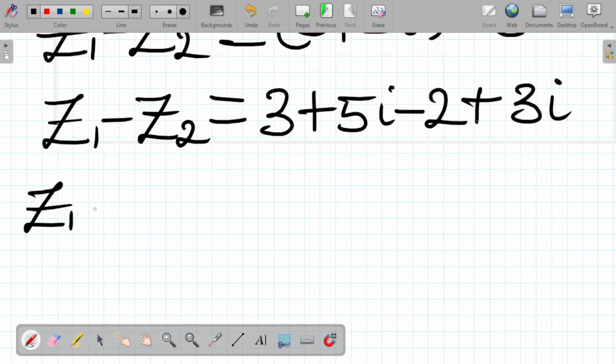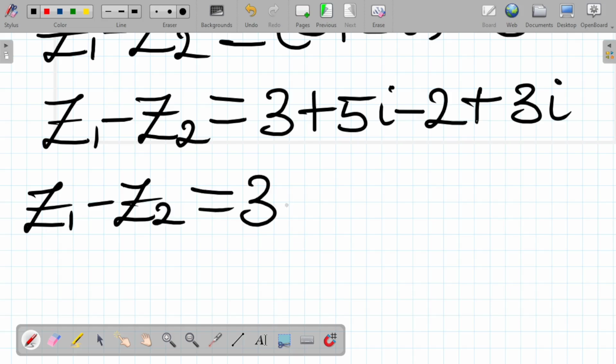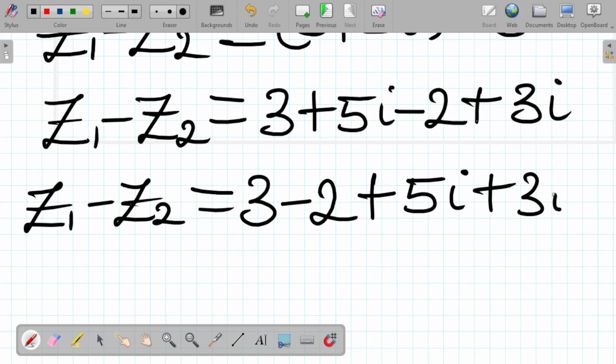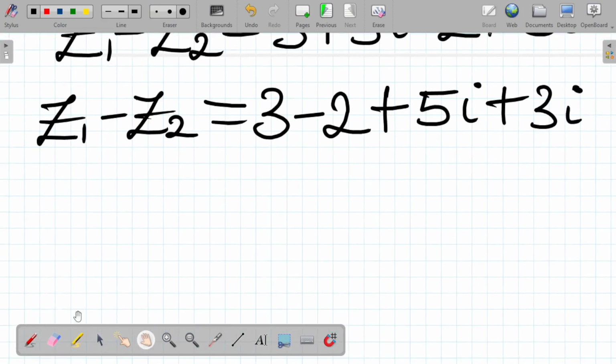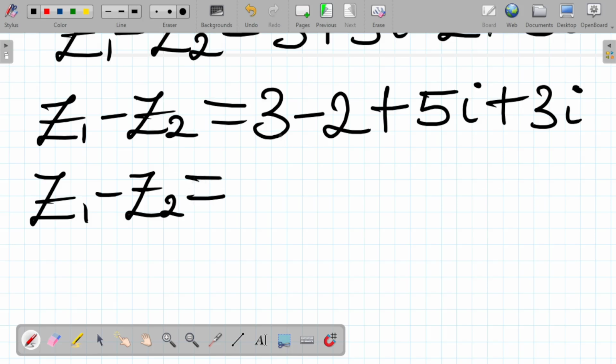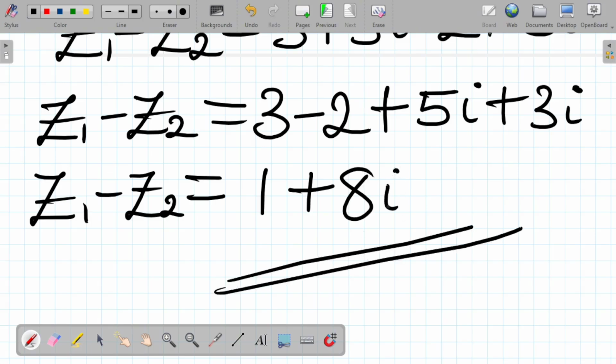So z1 minus z2 is equal to 3 minus 2, and then plus 5i plus 3i. So z1 minus z2 is equal to 3 minus 2 is 1, and then plus 5i plus 3i is 8i. So this is our final answer.